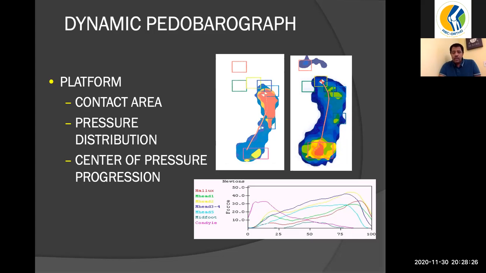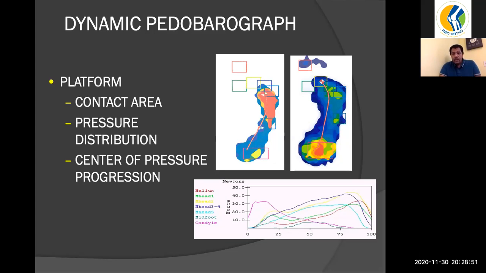It's called gait cycle analysis, and it's all about gait, walking and running. So how does it help you? It allows you to see exactly what the footprint looks like.